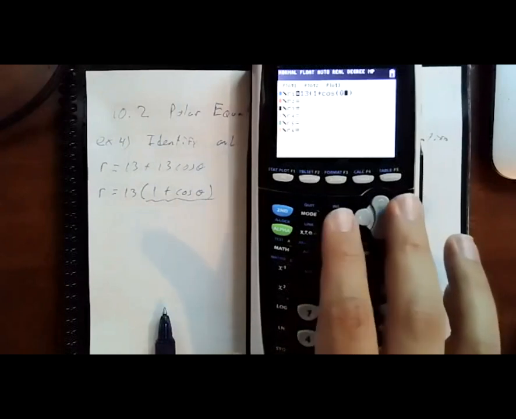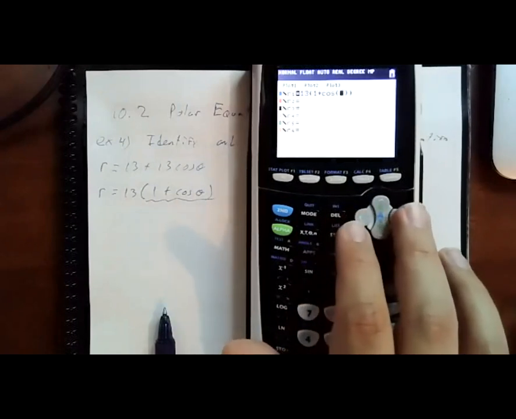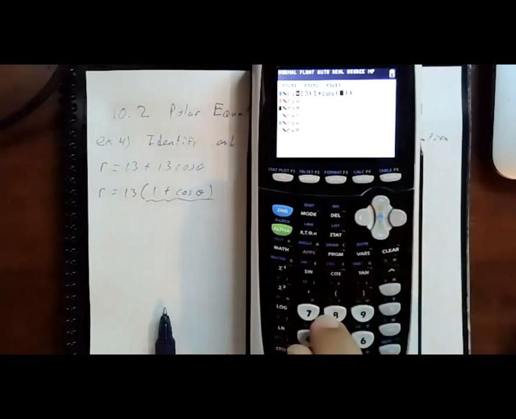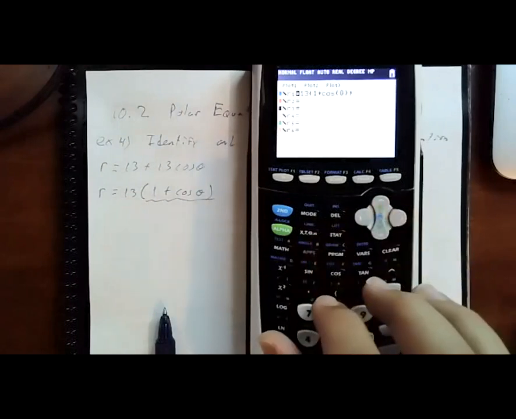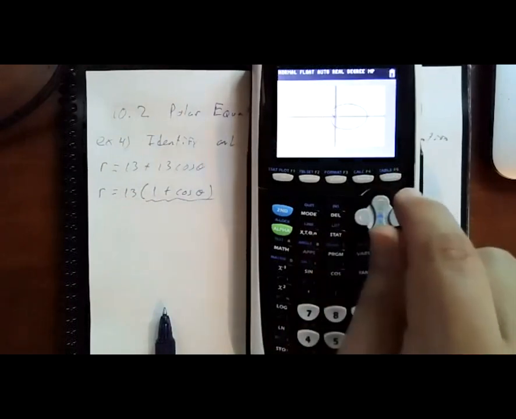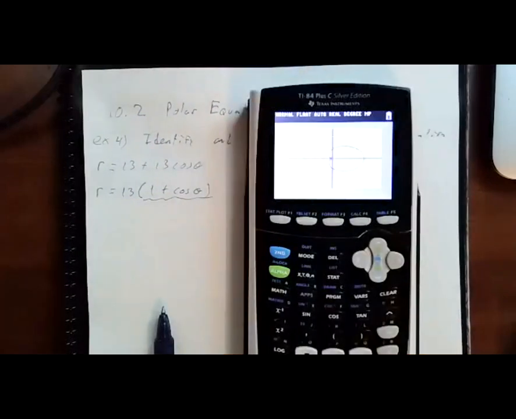So hit that for the theta. 1 plus cosine and hit the X for the theta. Yeah. Okay. And then you should get a cardioid, and if it's too zoomed, then you need to zoom out, and then you click graph. Yeah, hit graph.